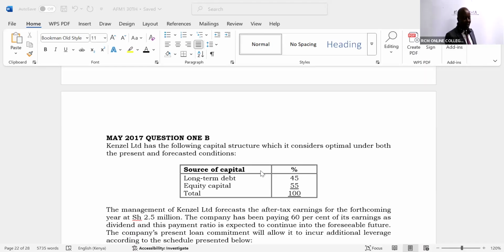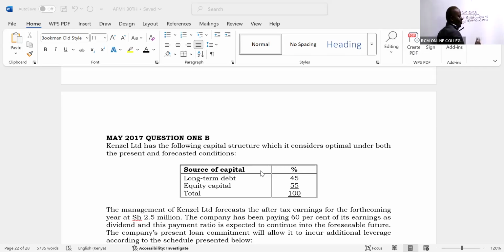Basically, they're giving us the weight of debt and the weight of equity. The weight of debt is WD, for which they have given us a figure of 0.45. Then we have the weight of equity, WE, which is 0 point what?